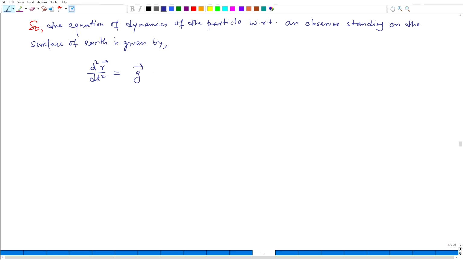So, g is actually g effective minus 2 omega cross v.